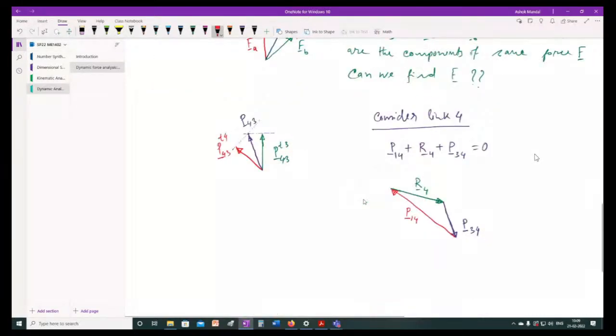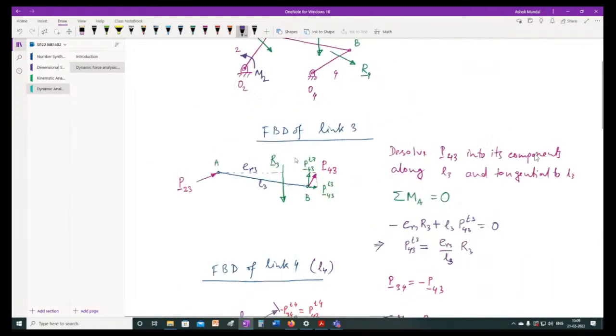Now we consider link 3. When you consider link 3, what are the forces acting on link 3? They are P23, R3, and P43.